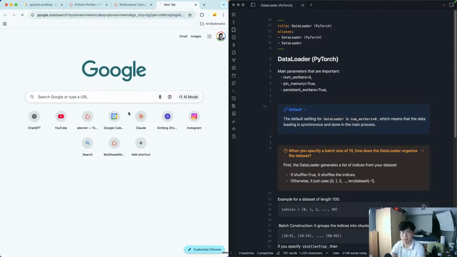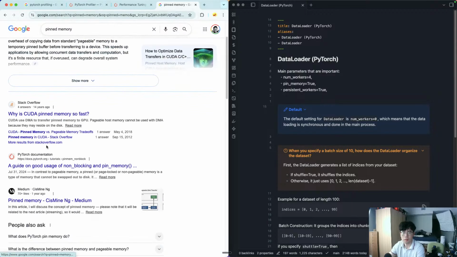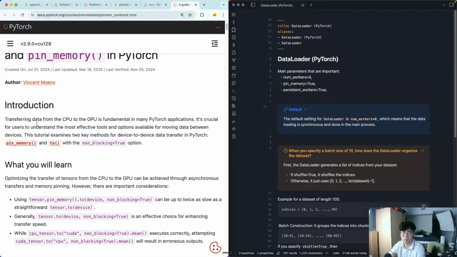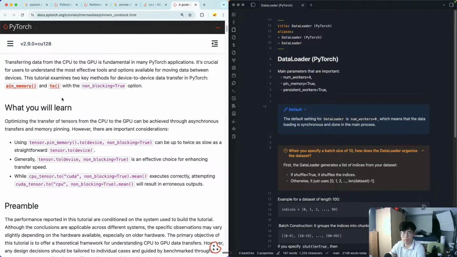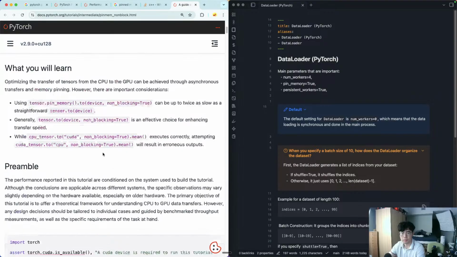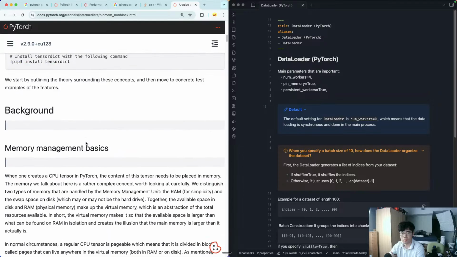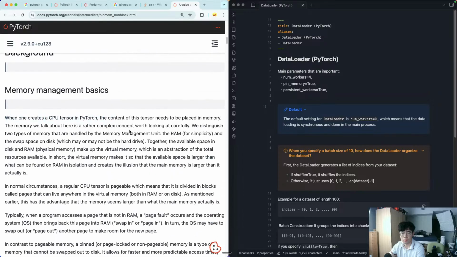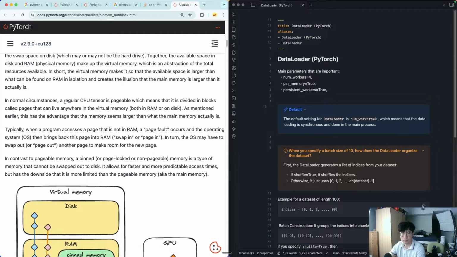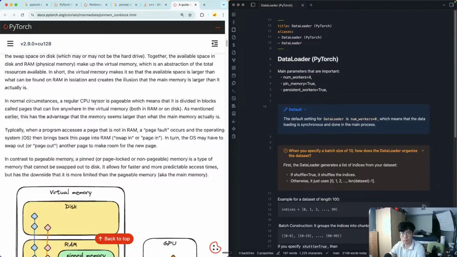Yeah, so first of all, what is pin memory? This is good, actually.